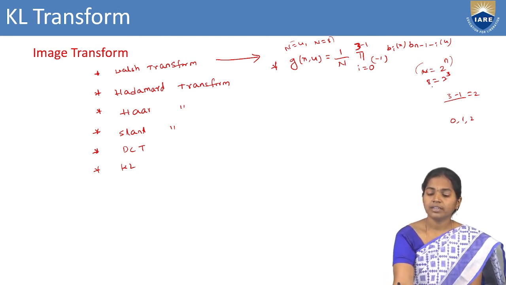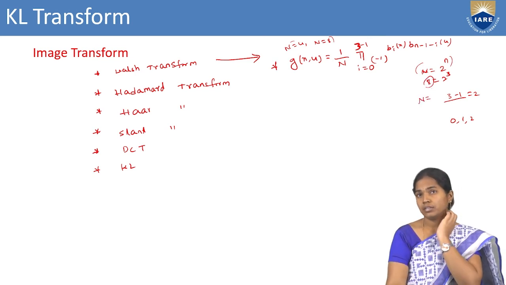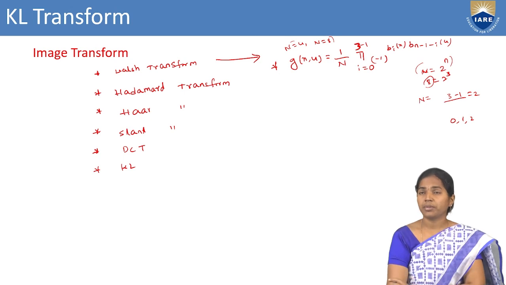Capital N is the length of the transform, so N equals 8 equals 2 power 3, small n value is 3, and 3 minus 1 means 2.